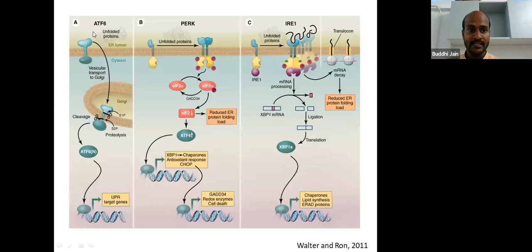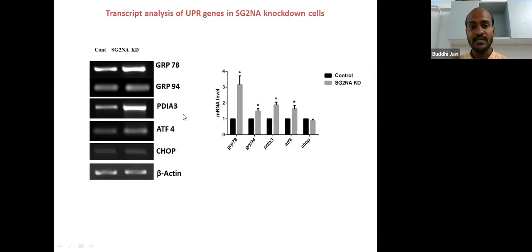Whenever there is an induction of ER stress and activation of the UPR signaling, various UPR target genes get upregulated. We confirmed that by semi-quantitative as well as real-time PCR: GRP78, GRP94, PDIA3, ATF4 and CHOP get upregulated upon Ag2Na knockdown.